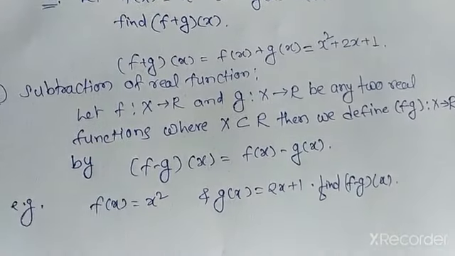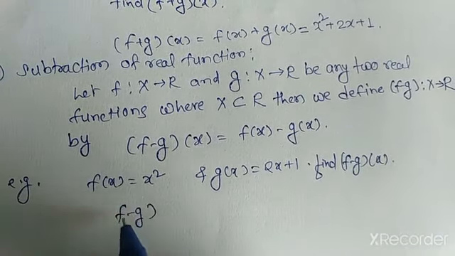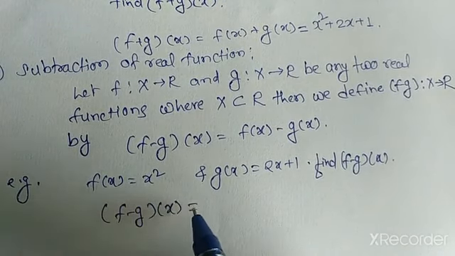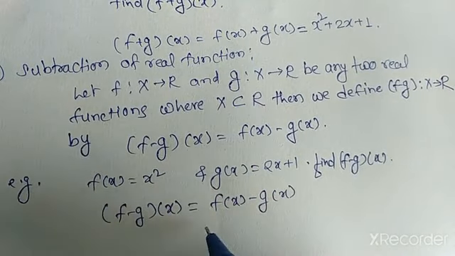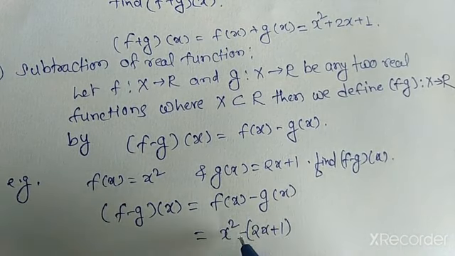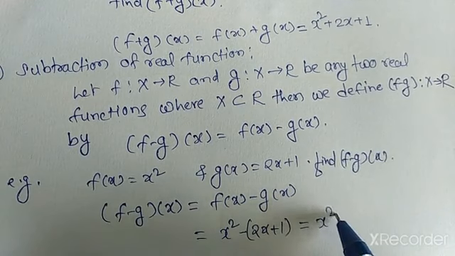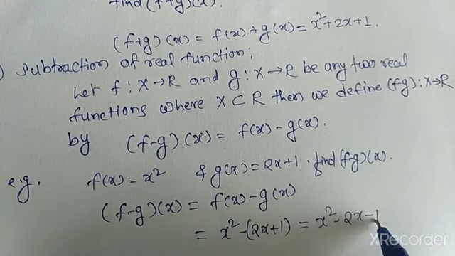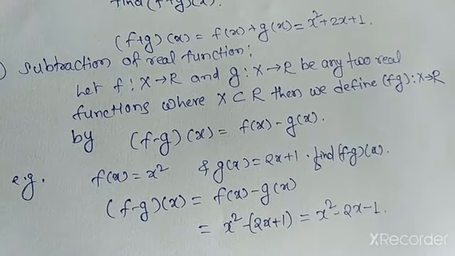For this question we can write (f minus g)(x) is equal to f(x) minus g(x), which gives x square minus (2x plus 1), which gives x square minus 2x minus 1. Which is also a real function.